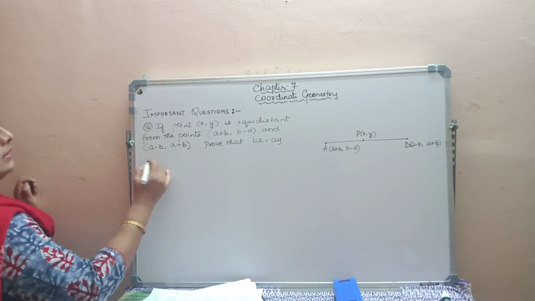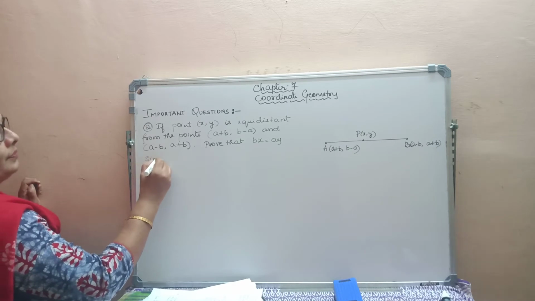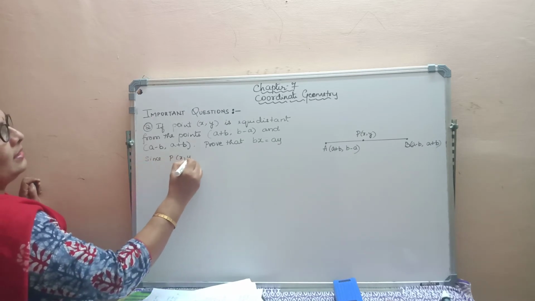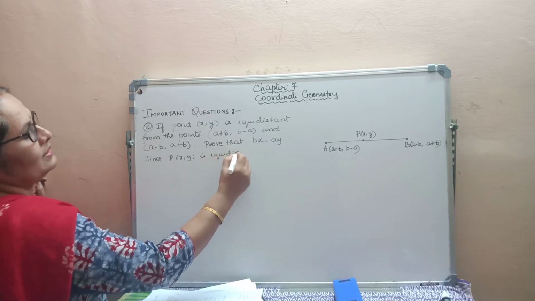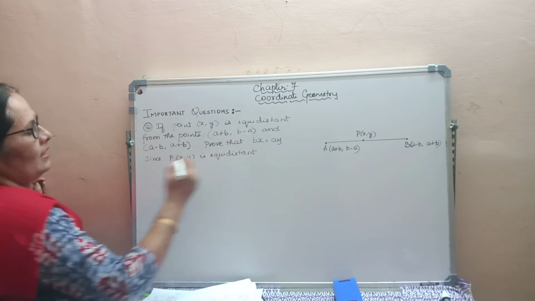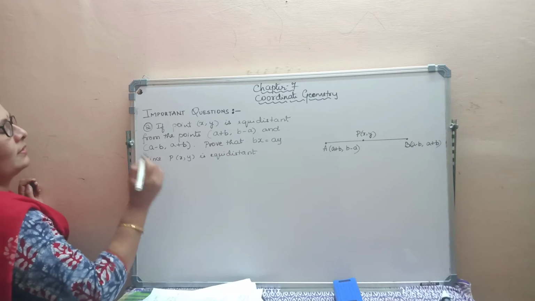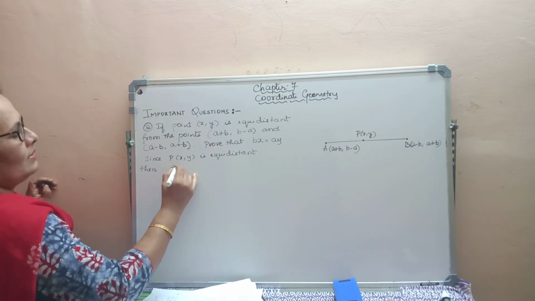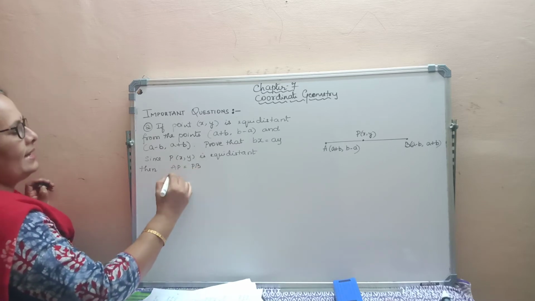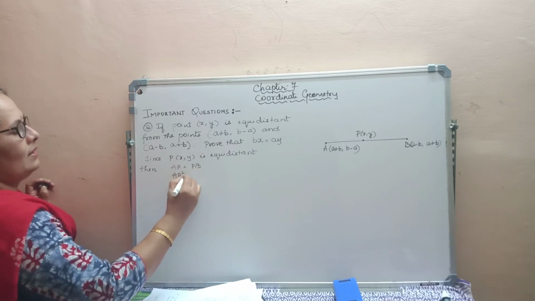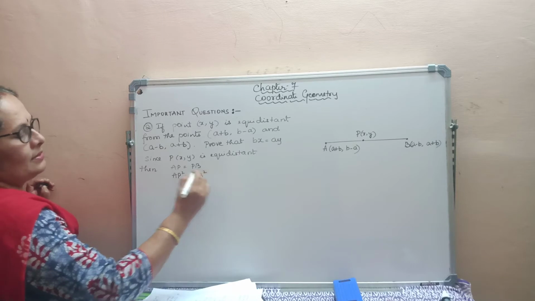So since P(x, y) is equidistant, then AP equals PB. Squaring on both the sides, AP square equals PB square.